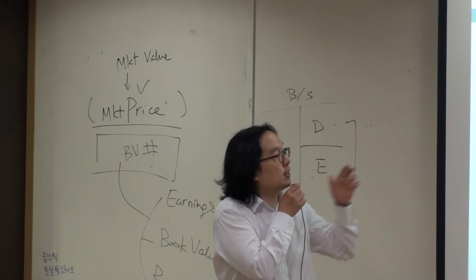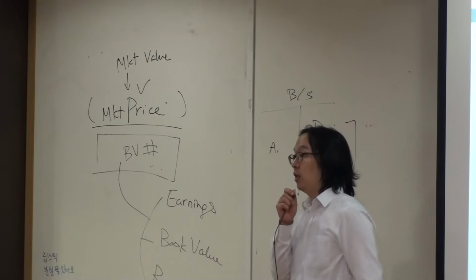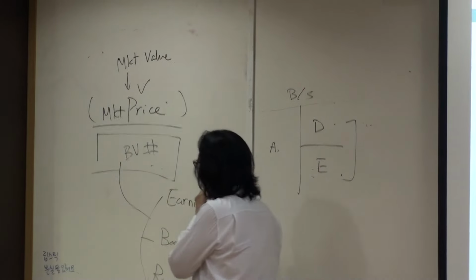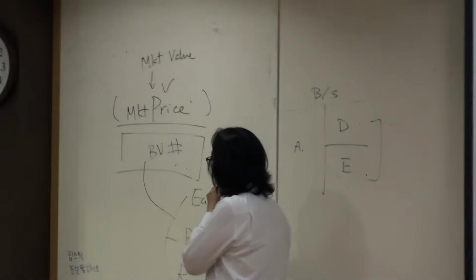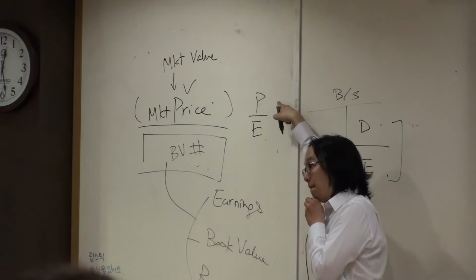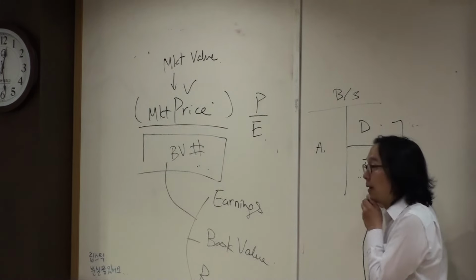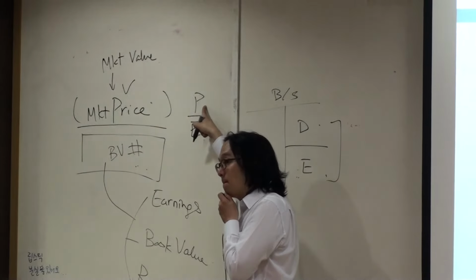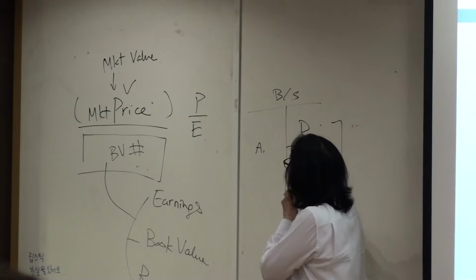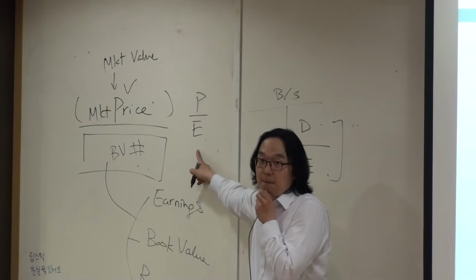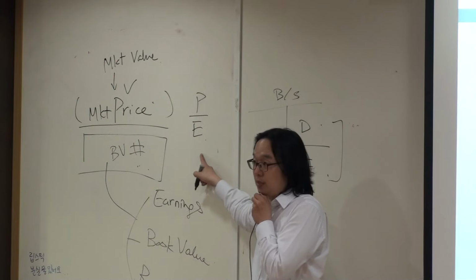So, for example, price to earnings ratio. When we say price, it's typically the market value of equity. You look at the share price in the market, that's common equity. And then how about EPS? That's net income divided by number of shares outstanding, right?